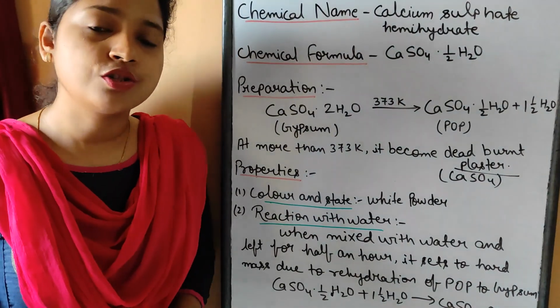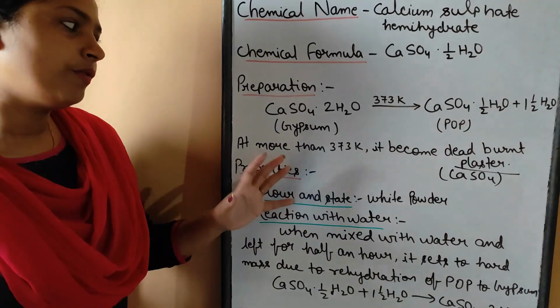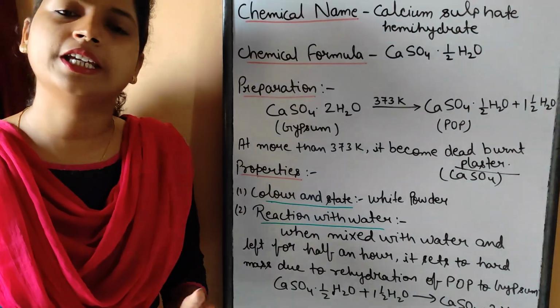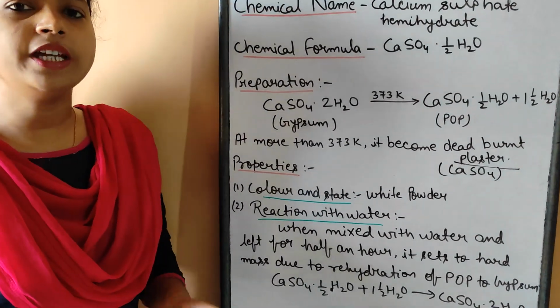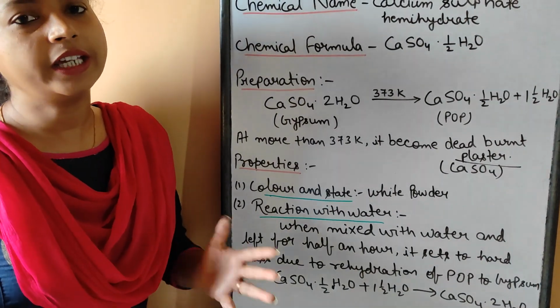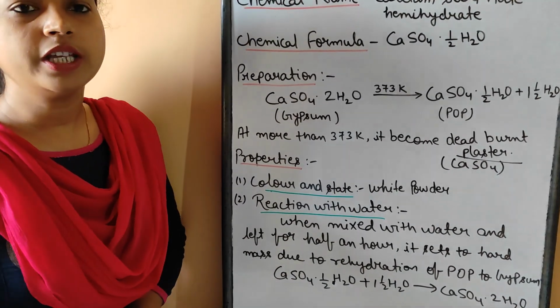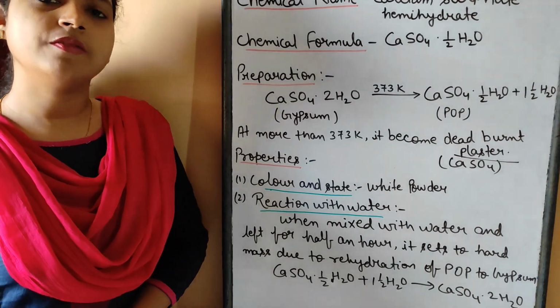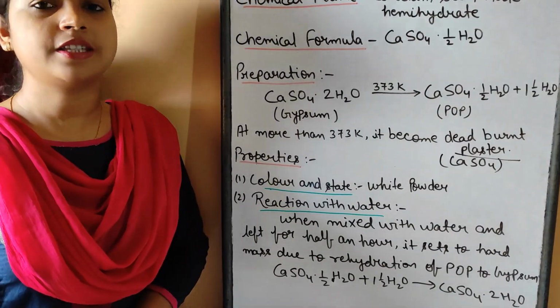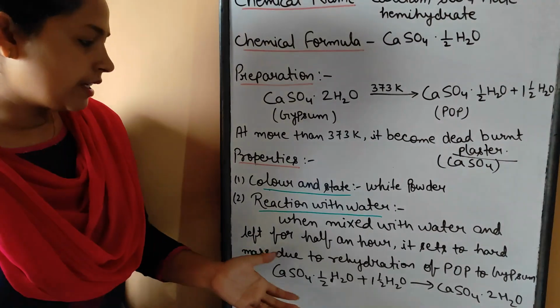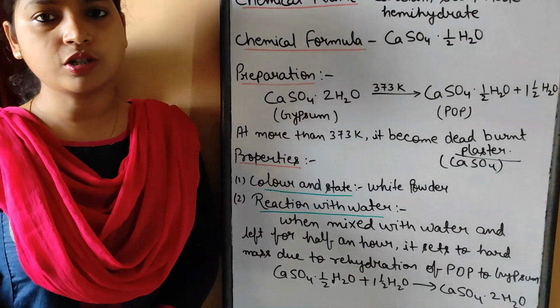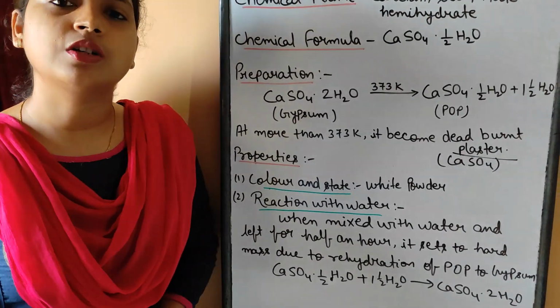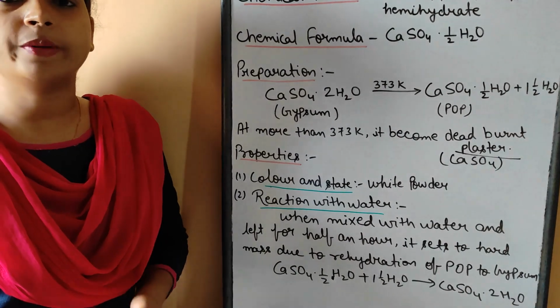So students, do remember that when we heat gypsum, we can get POP. When we add water to the POP, we can again get the gypsum. So there are only two properties of POP which you have to study. First is its color and state, and the second is its reaction with water. Now let's have a look at the uses of plaster of Paris.